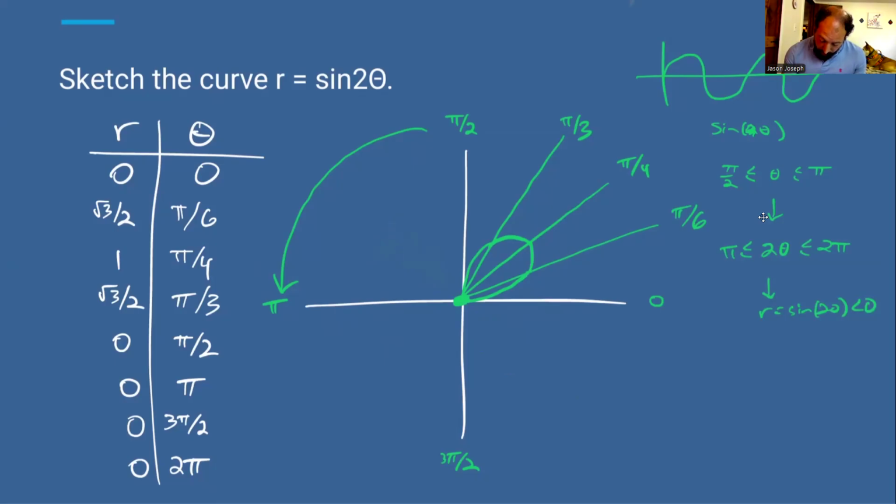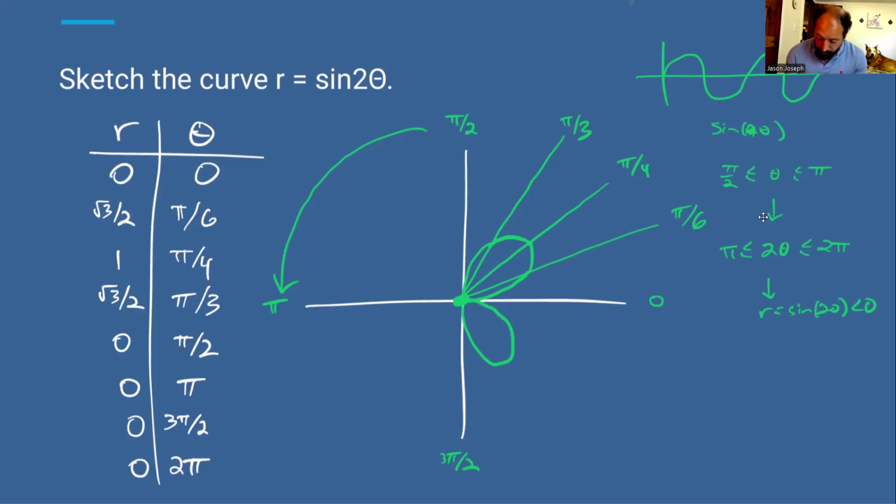So I came through, and then the same sort of pattern of radii will occur, but in quadrant 4 now. Kind of like that. Here we go. That looks good.